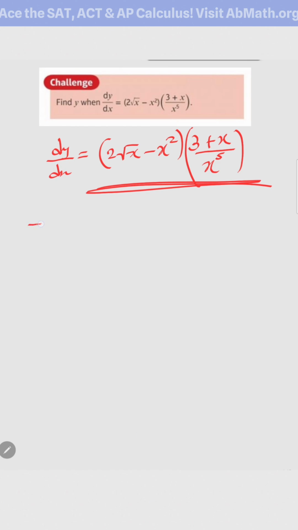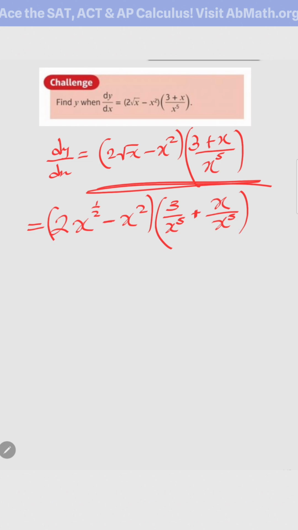So let's do that. For 2 square root of x, we have 2x^(1/2), then minus x squared. For the second part, you have 3 over x power 5 plus x over x power 5. So we have to simplify it.